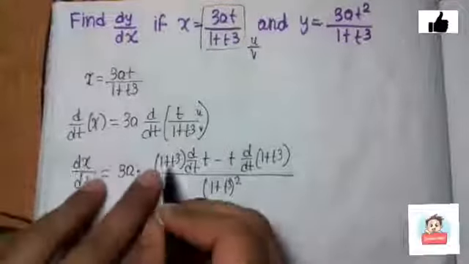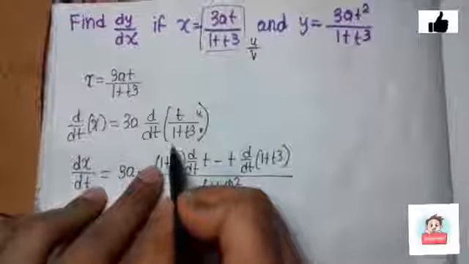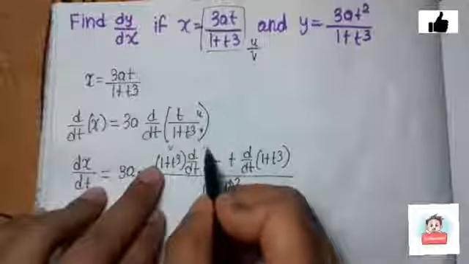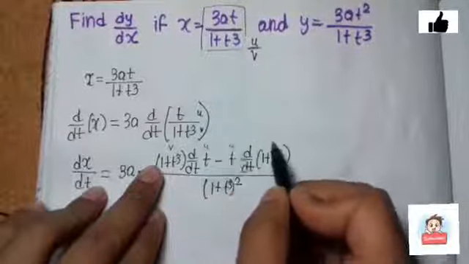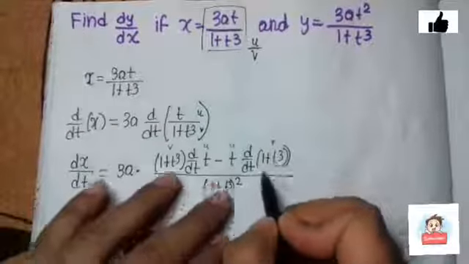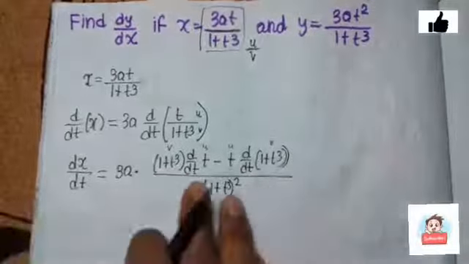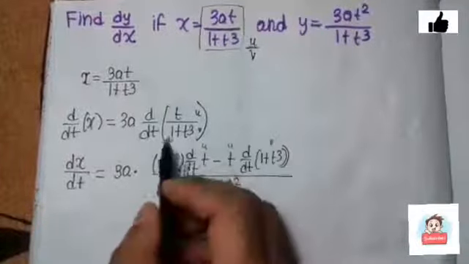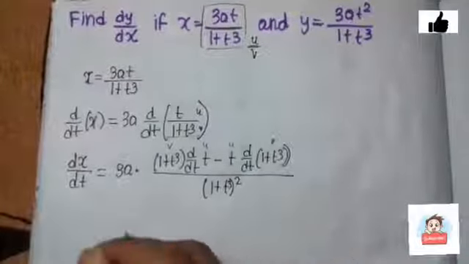Very clear? The formula says v d by dt of u minus u d by dt of v, whole divided by v square.